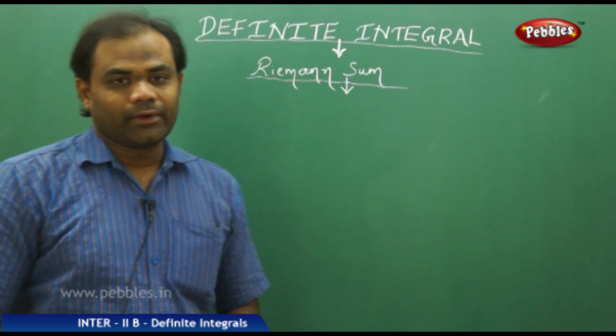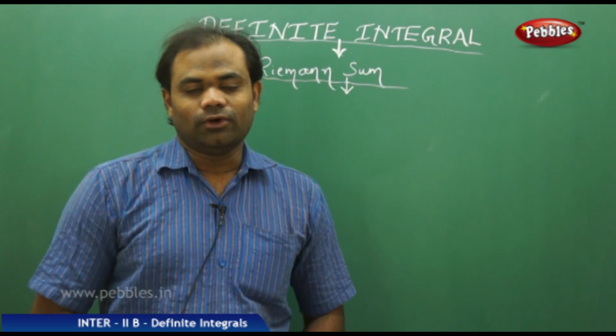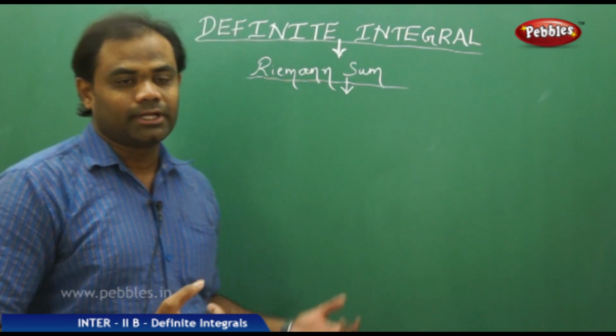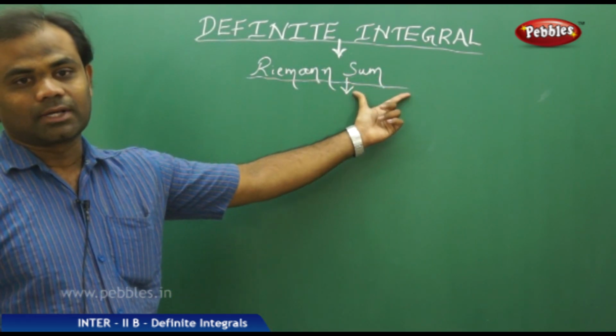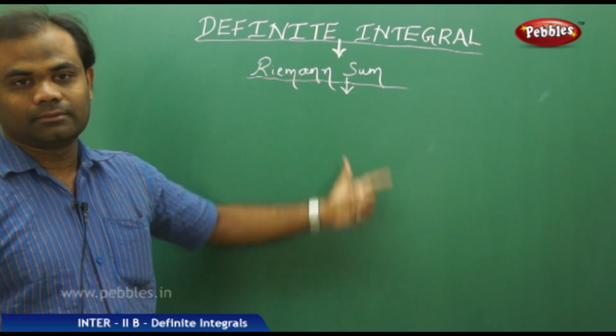Let's define the Riemann sum for the topic of definite integral. So what is a Riemann sum? The definite integral is said to have originated from the Riemann sum, named after the famous mathematician Riemann.